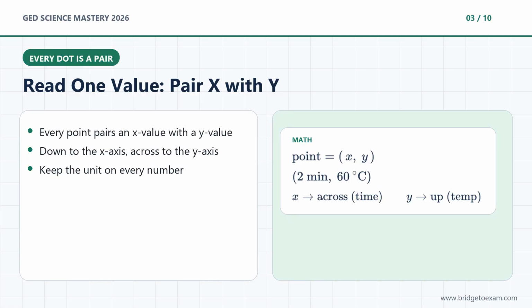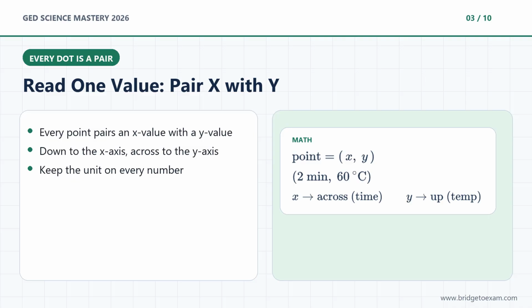Let's read a single point, because everything builds on this. Every dot on a graph pairs one x value with one y value. Say a cooling water graph has a dot, and you want its value. You drop straight down from the dot to the x-axis, and you read the time, let's say 2 minutes.